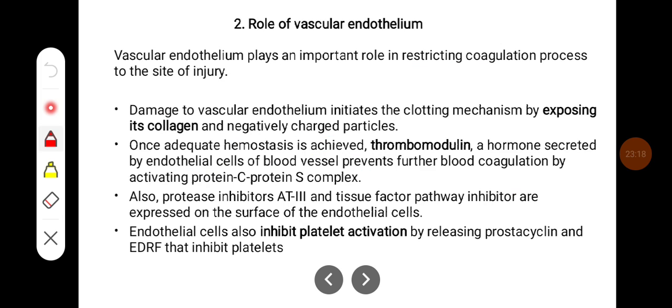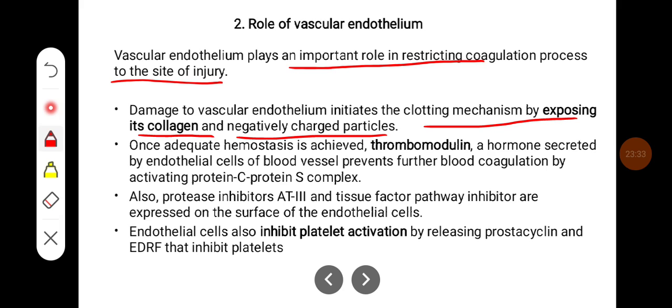The role of vascular endothelium. Vascular endothelium plays an important role in restricting the coagulation process to the site of injury. Damage to the vascular endothelium initiates the clotting mechanism by exposing its collagen and negatively charged particles. Once adequate hemostasis is achieved, thrombomodulin, secreted from endothelial cells of blood vessels, prevents further blood coagulation by activating the protein C-S complex.